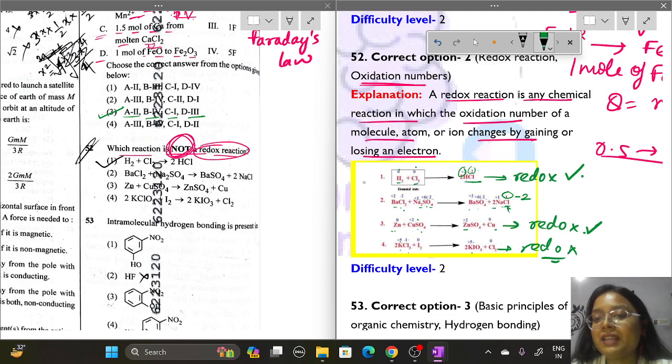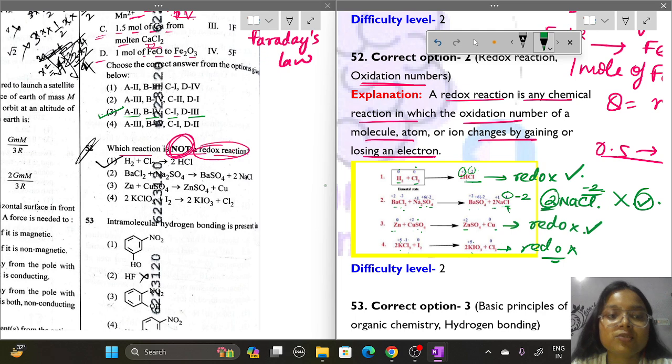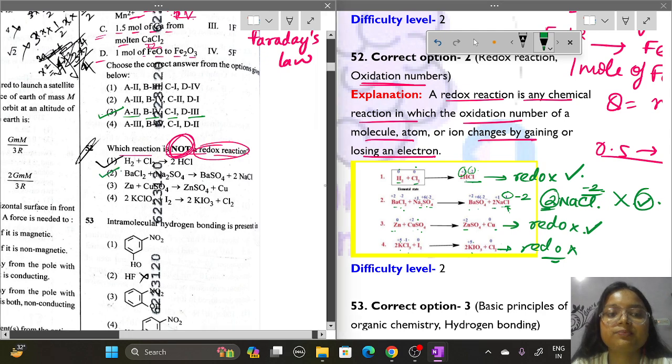So you can also make mistakes like this; we don't have to forget this 2. On considering this 2, it will become minus 2 as well. So in this case all the oxidation states are unchanged, so it is not a redox reaction. Option number 2 will be the correct option here.